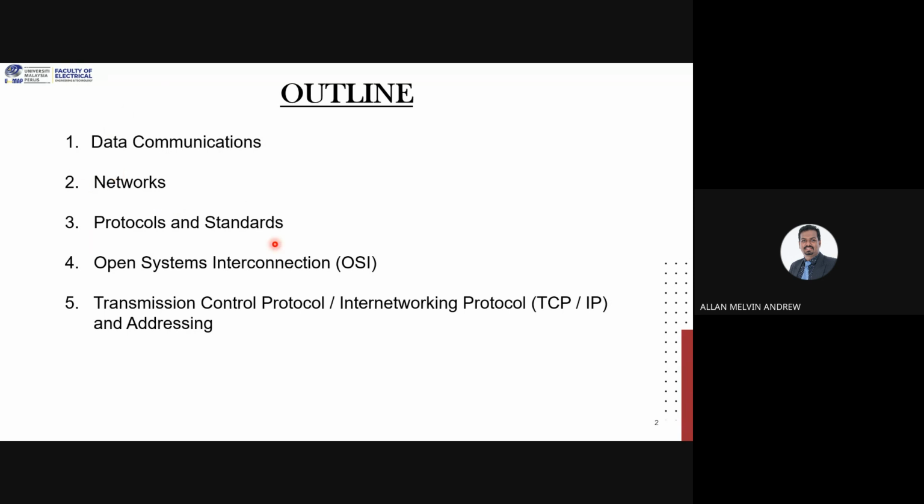And what are the protocols and standards involved: Open System Interconnection (OSI), TCP/IP, the IP address, and also the Transmission Control Protocol involved in the internet. We will cover all this throughout chapter 6, and today mostly part 1 and part 2.